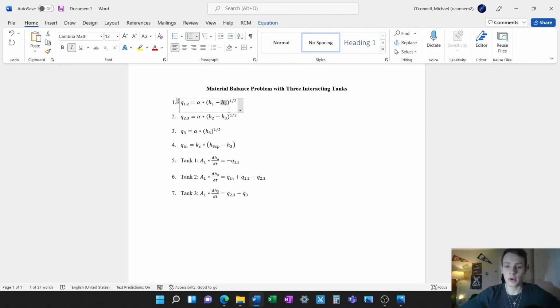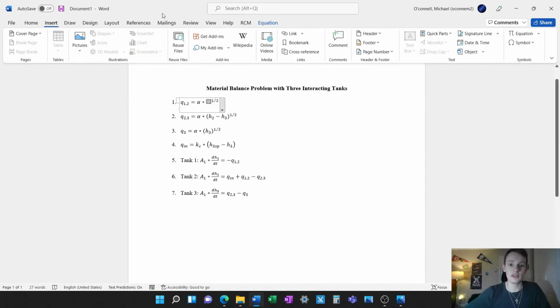Well, you're going to have flow from the second tank into the first tank. And that is going to be an issue for us because then we have a negative value in our square root, and then we have an imaginary value for our volumetric flow rate. But that wouldn't happen in real life. So what that means first and foremost is that this needs to be an absolute value. So let me change that.